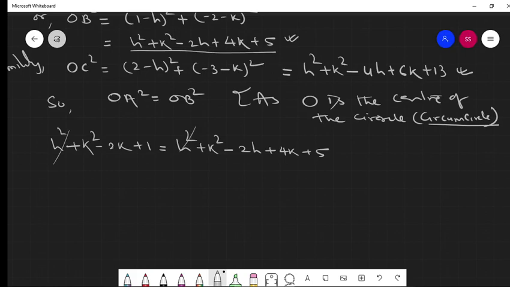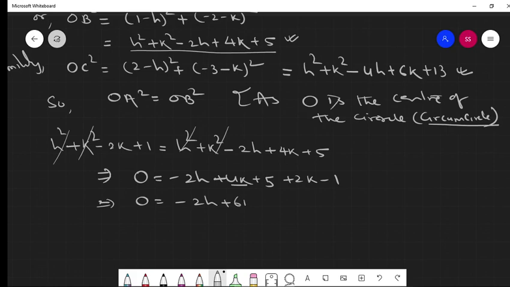This cancels, this cancels. Then from this, 2k and 4k, while shifting, and minus 2 as 1 goes, we get 0 equals minus 2h plus 4k plus 5 plus 2k minus 1, that is 0 equals minus 2h plus 6k plus 4. 2 is common: minus h plus 3k plus 2.